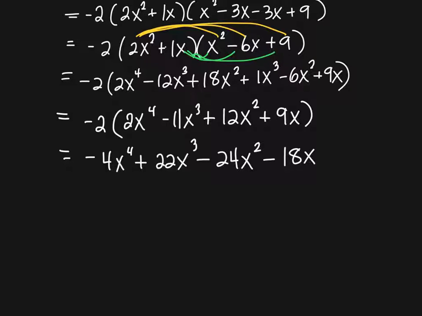Which means it's going down, and the fact that this is a quartic means it's double down. Where is it going to cross the y-axis? Ooh, nice. At 0. Because you still got to think after the 18 would be a 0. So that's going to cross the y-axis there.